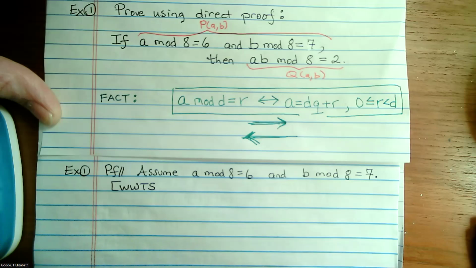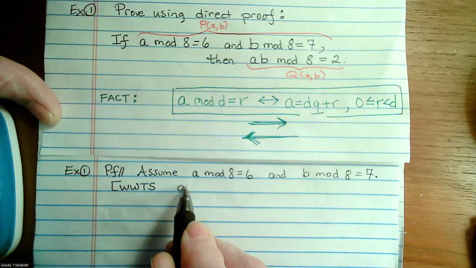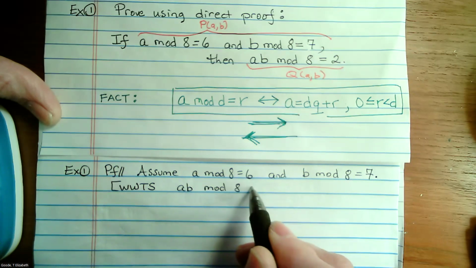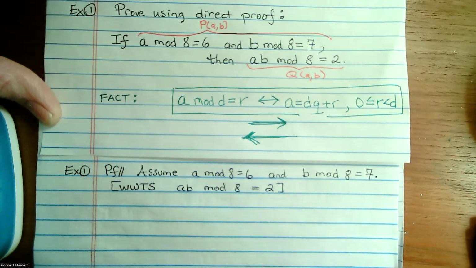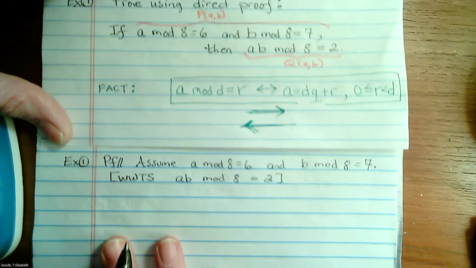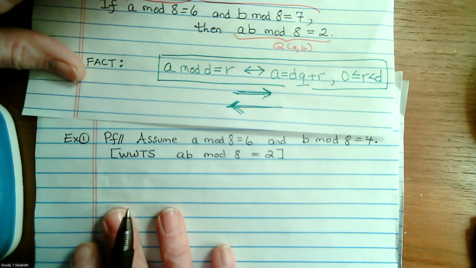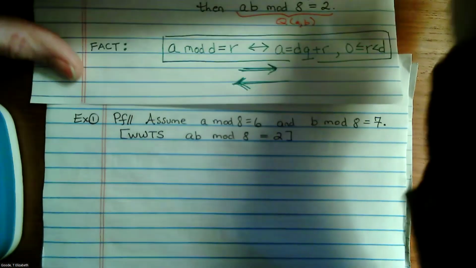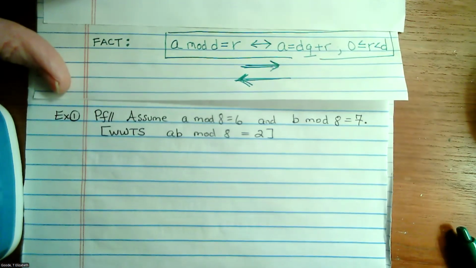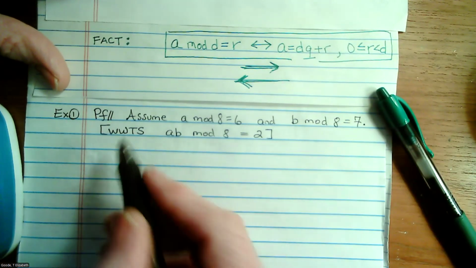We wish to show A times B mod 8 equals 2. Great. And in a minute, we'll expound on this wish using this two-way fact, okay? Let's keep that fact where we can see it. So we use that fact in two directions.